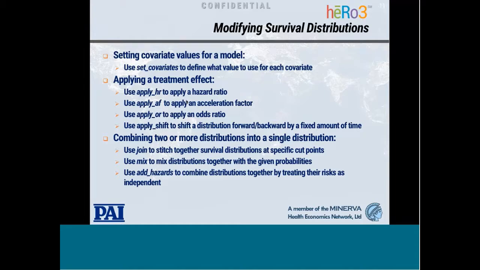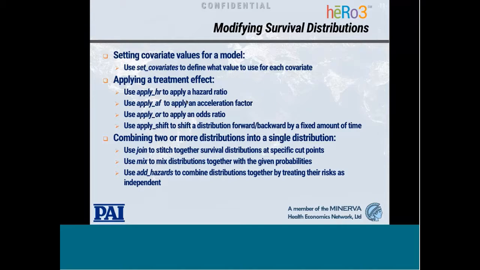And so that's what set_covariates does. You use it to take a model that has multiple covariates defined, and you set exactly what the values are for each one of those covariates that you're going to generate predictions for. And so, for example, if we've got a model that predicts survival based on treatment group, then we need to use set_covariates on it to specify which treatment group we want to generate the predictions for.